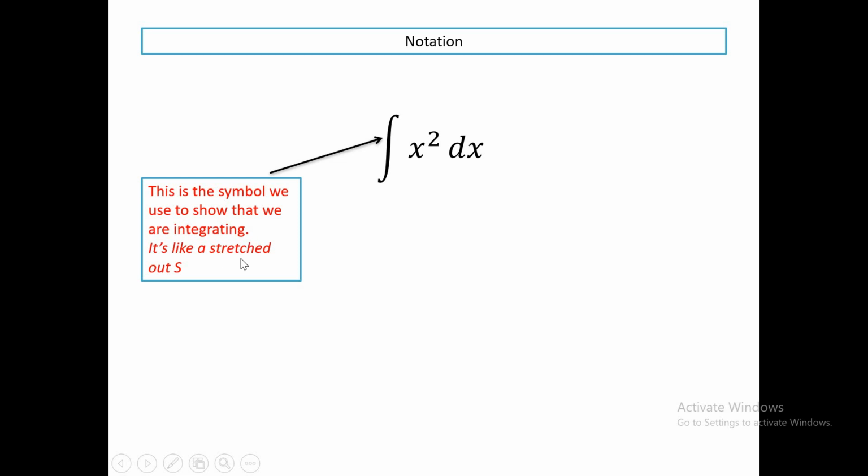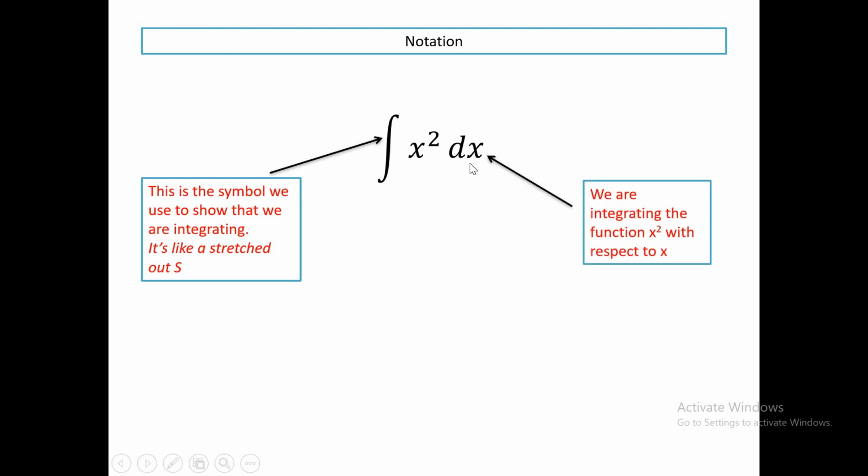How to read it? Integrate x square with respect to x. Here we are integrating the function x square with respect to x.